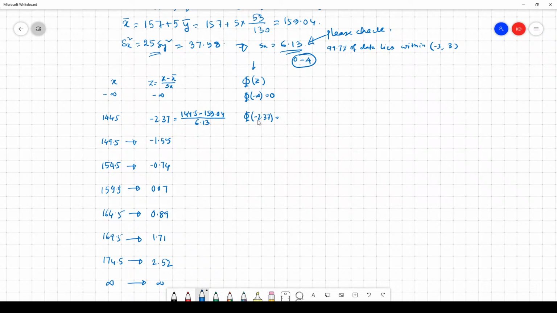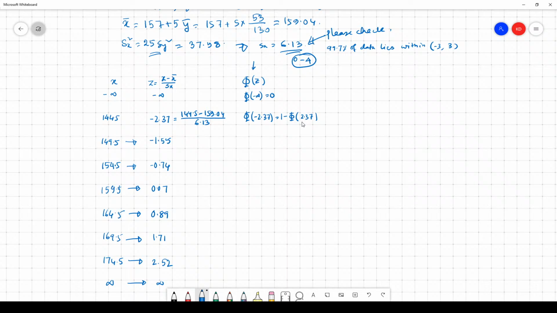So for phi of minus 2.37, we first change this to 1 minus phi of 2.37. I repeat this portion again.